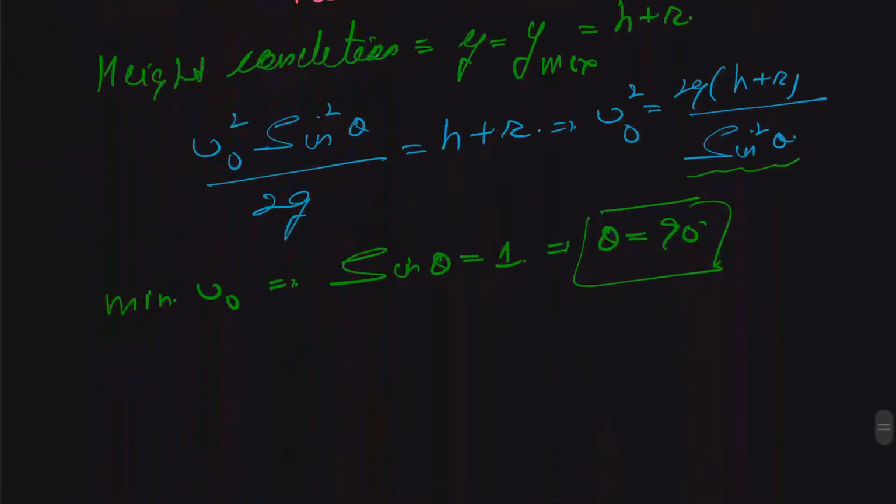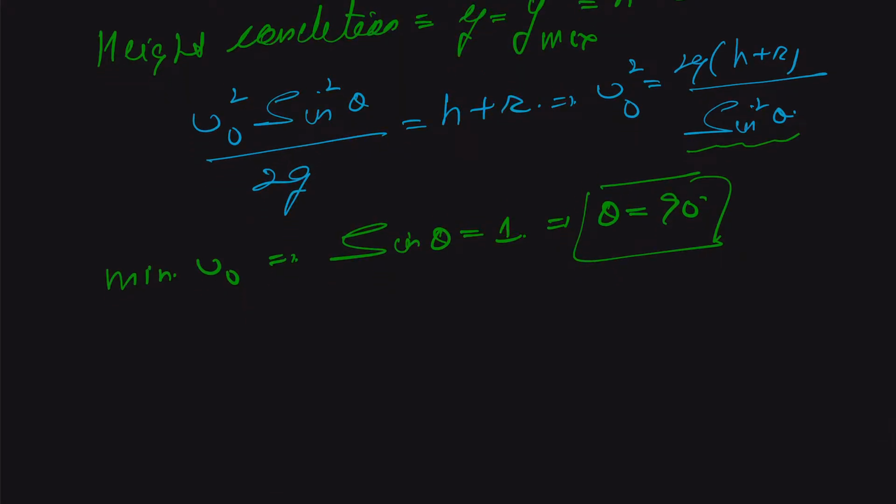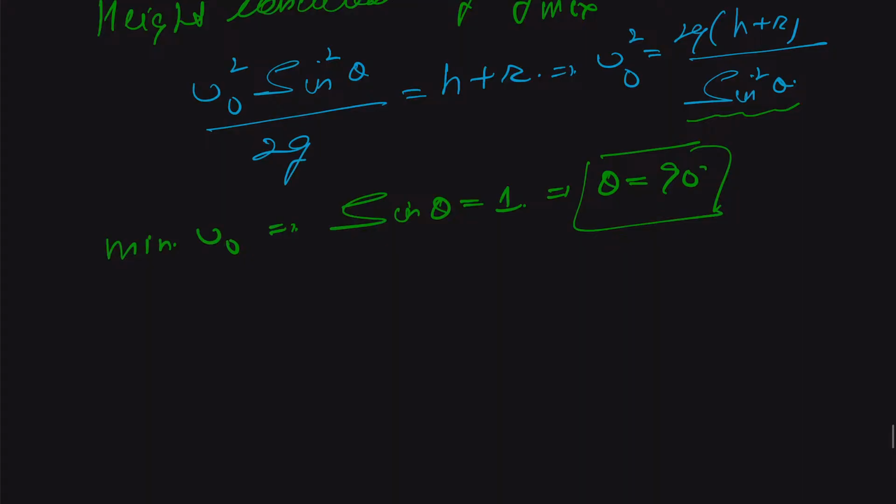Based on this theta of 90 degrees, we can find the minimum: V minimum is the square root of 2g times h plus r.